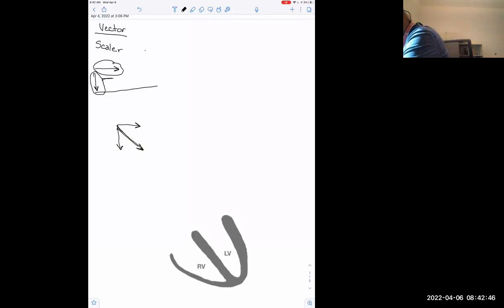All right. So when we are talking about electrophysiology and forces in the heart, we use this concept of vectors and averages to look at the movement or propagation movement of electricity in the heart.